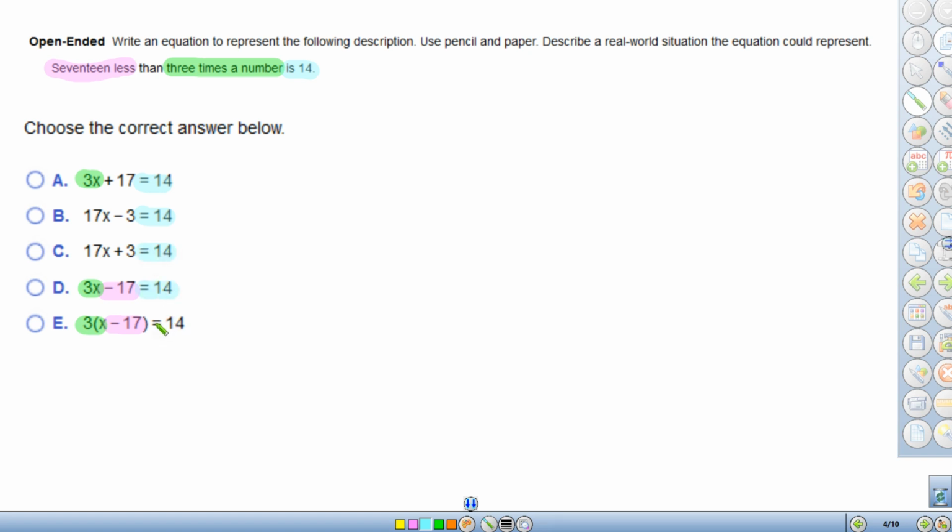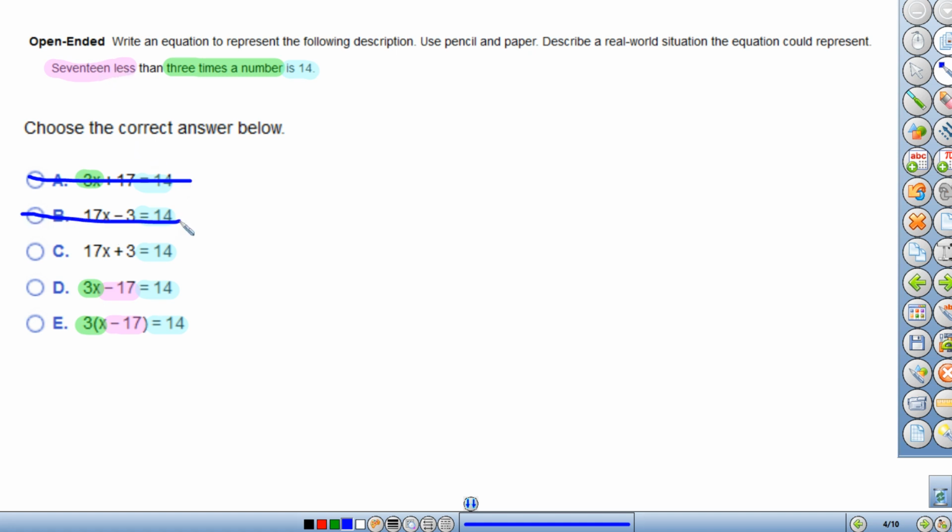But now we have to figure out our options. Well, we know it can't be A, because it says 17 less. We know it can't be B, because again it says 17 less. It can't be C, because neither one of those things are right.